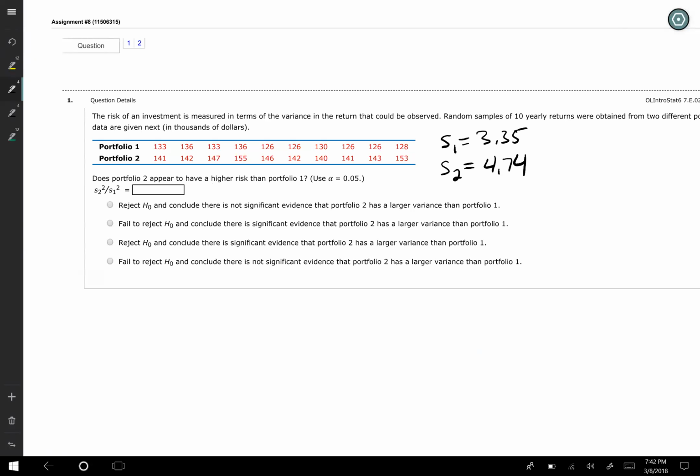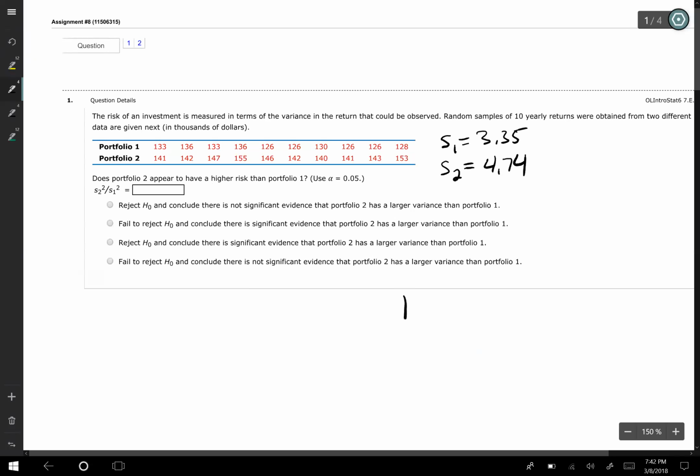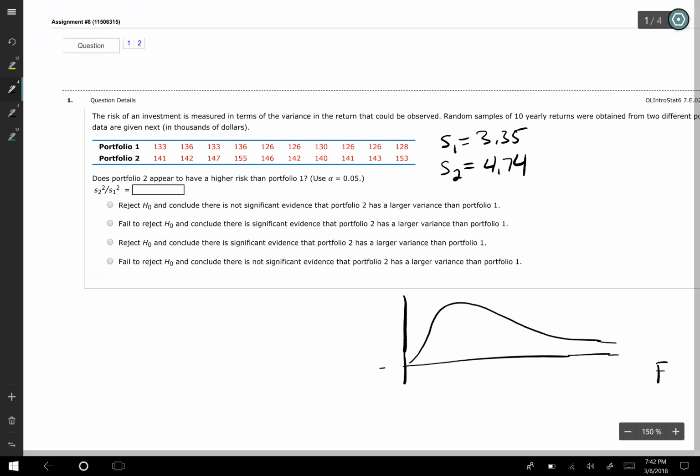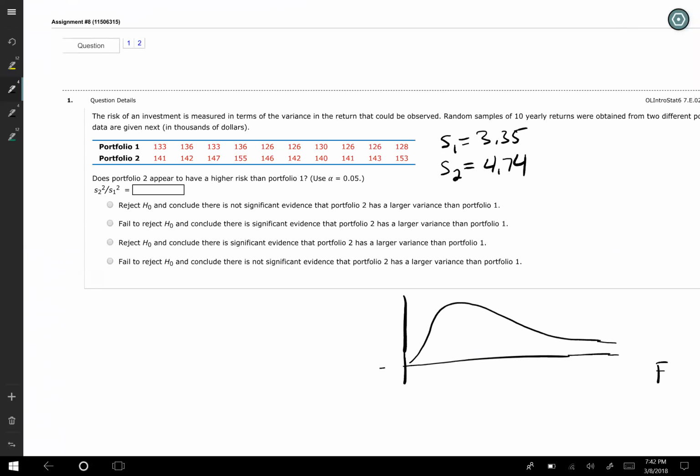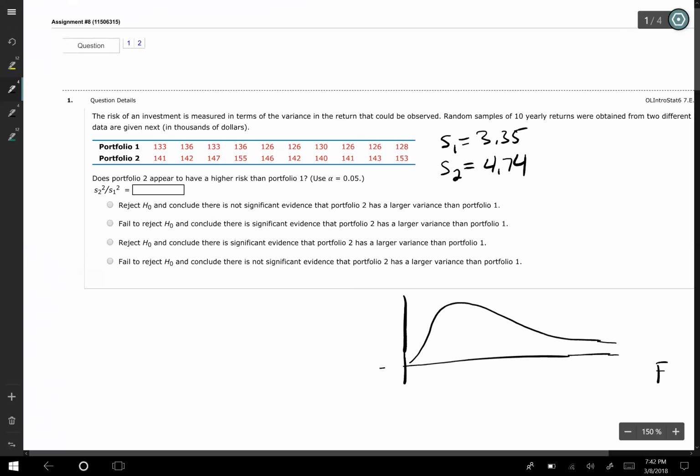For number one, okay, so let's see. What were our degrees of freedom? Numerator and denominator degrees of freedom. Let me see. They were both 9.